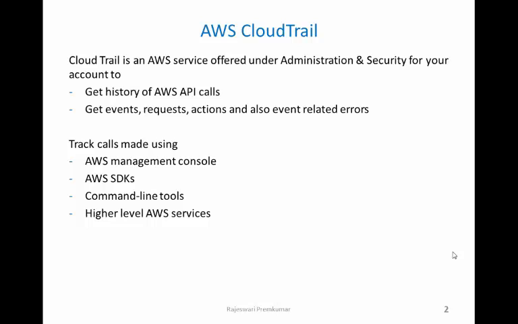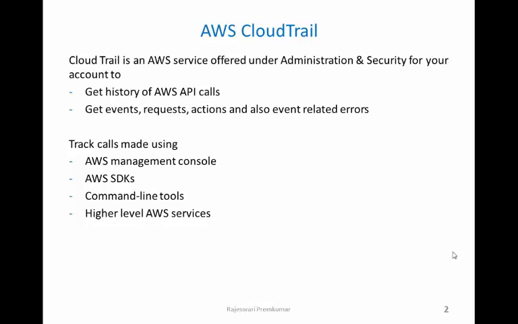But not all the services can log an event in CloudTrail, just a few. But it is a very useful service, using which you can track the user actions and verify if the user is compliant with the rules and take actions accordingly.